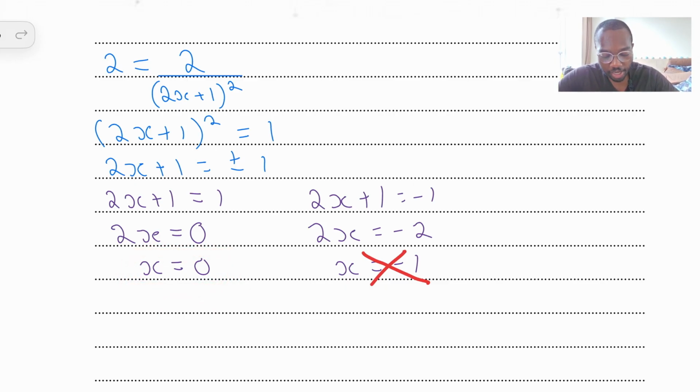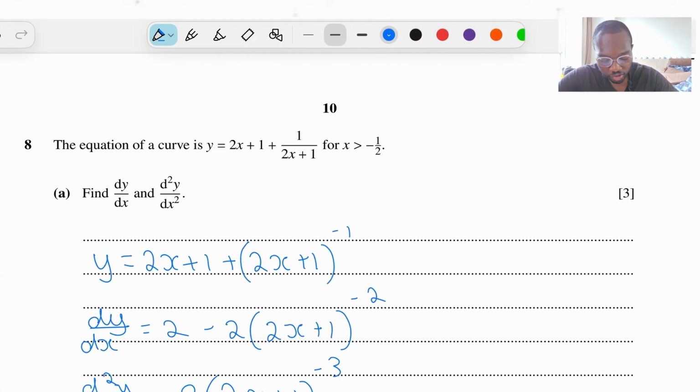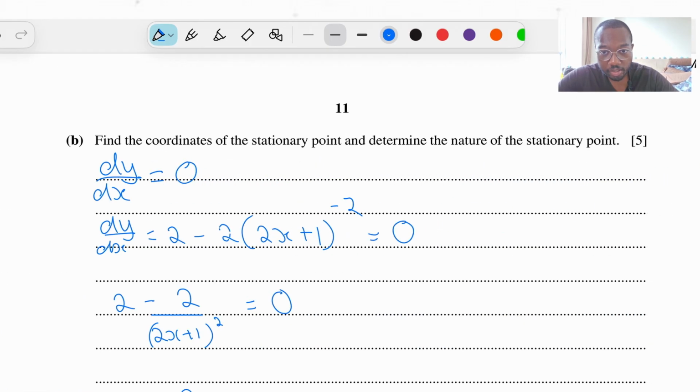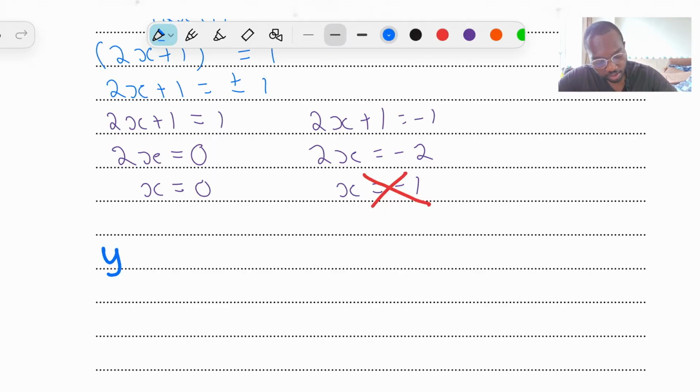To work out that point, in our original question, we had y is equal to 2x plus 1 plus 1 over 2x plus 1.